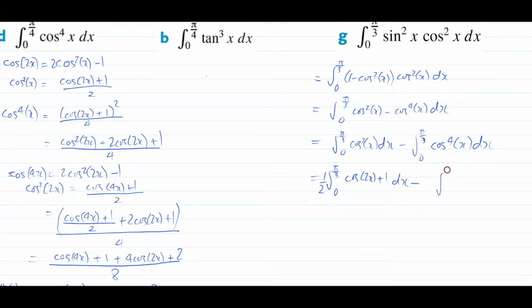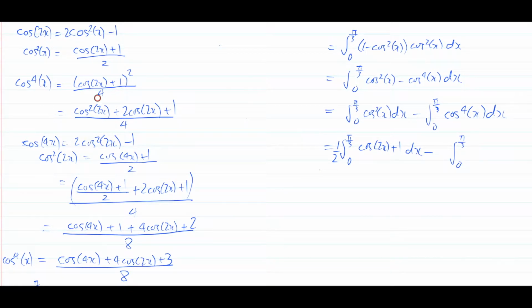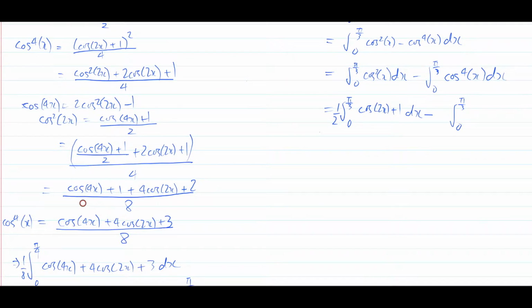What's another way of writing that? Well, let's take a look at what we have. Cos 4 of x is the same as over here. So I'm just going to take the simplest one, the one that I can find. Cos to the power 4 of x is this massive equation right here. So we take the 1 on 8 out, and I'm just going to copy what we did, okay?